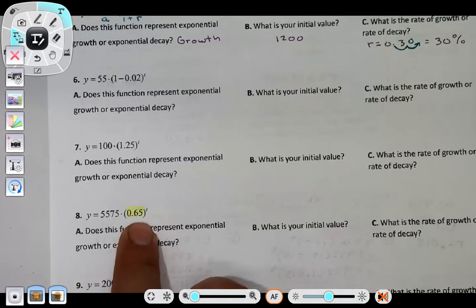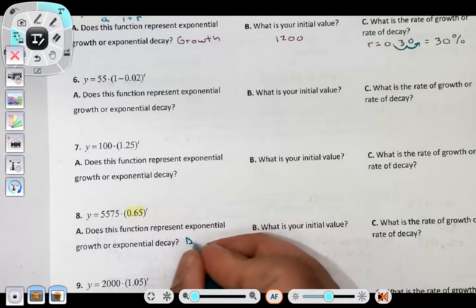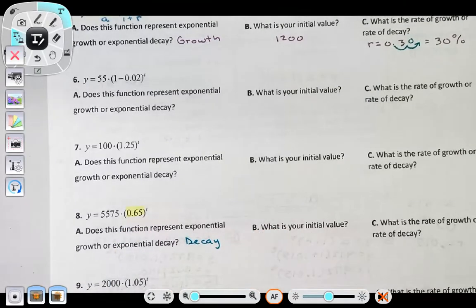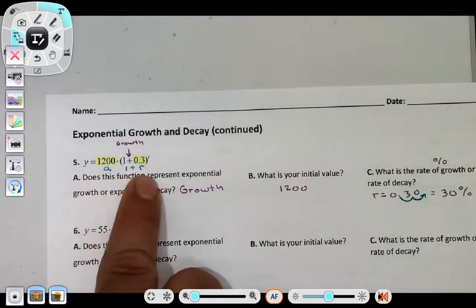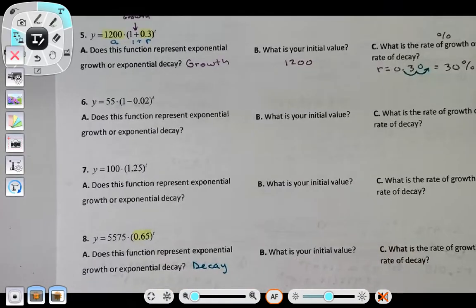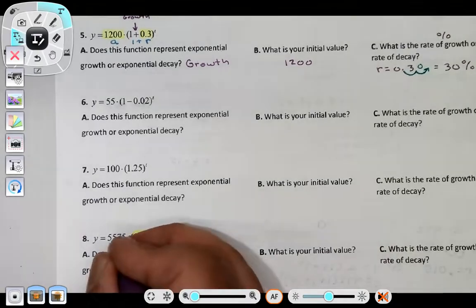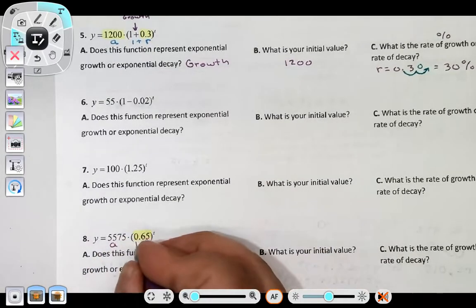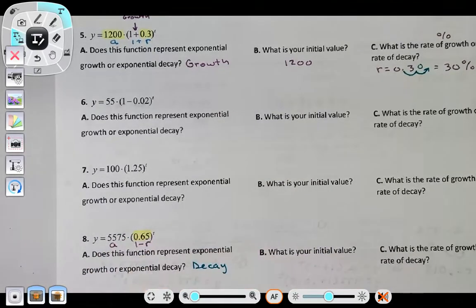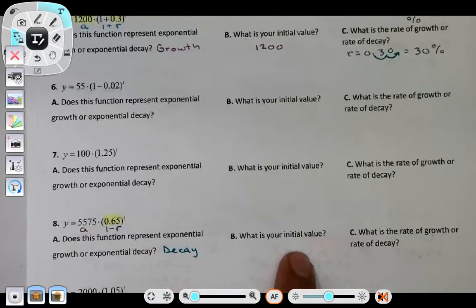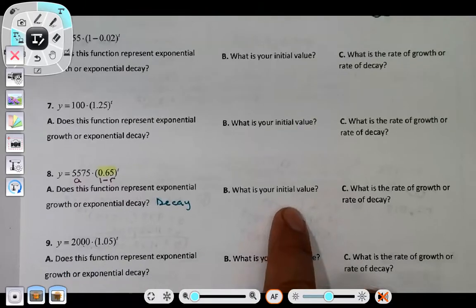So because it's smaller than 1, this is decay. And look at the difference. Over here I wrote A, 1 plus R. Here this is decay. So yeah, there's my A, but this is 1 minus R because it's decay. It's less than 1.